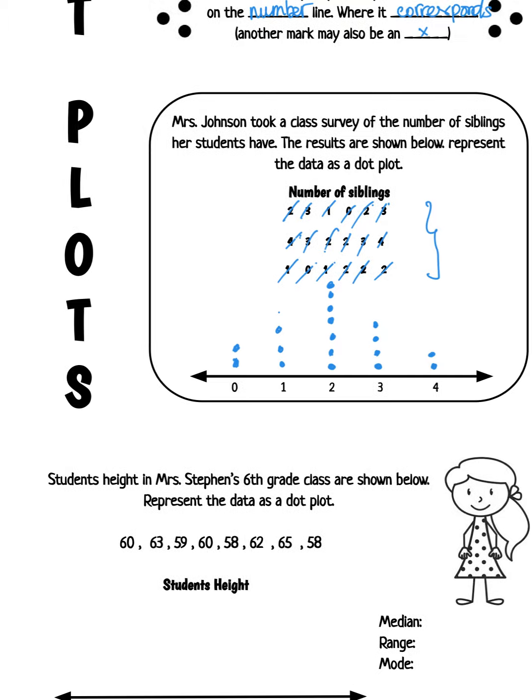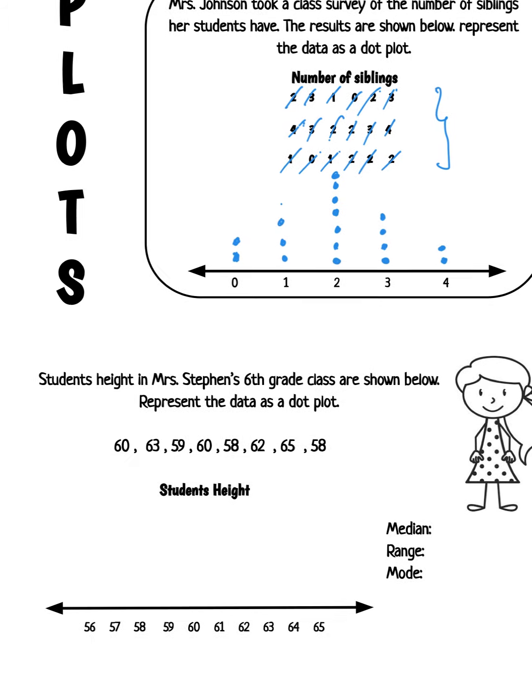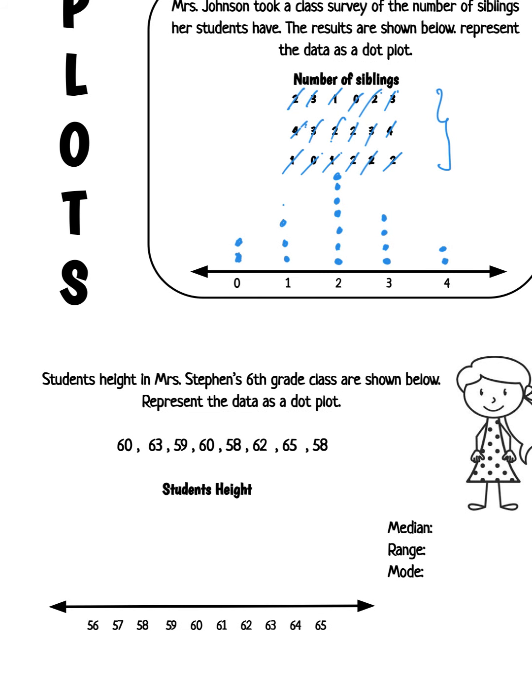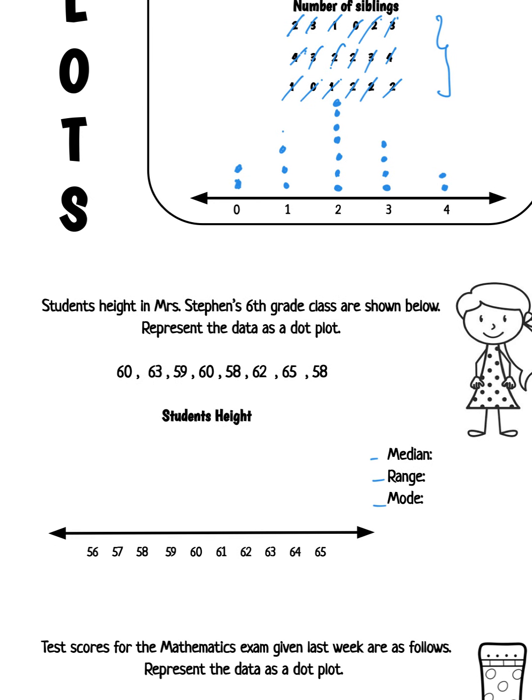Okay, so student heights in Mrs. Stevens' 6th grade class are shown below. Represent the data as a dot plot. After that, you're going to find the median, range, and mode. Let's place the student heights on the number line.